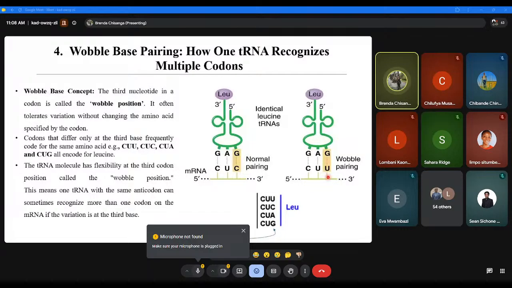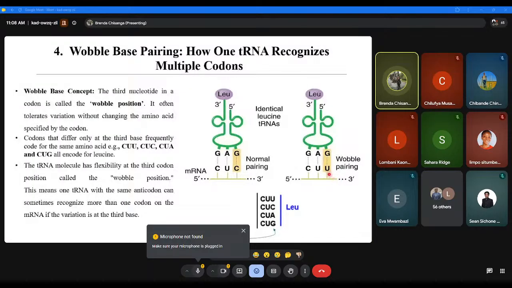We can see that while the first two positions are the same, the third position is different, but both of them are going to give us leucine. What this means is that leucine can be obtained from this codon, CUC, you still get leucine, and also when you have CUU, you still get leucine. But the property of wobble base pairing is in reference to the third position on the mRNA.